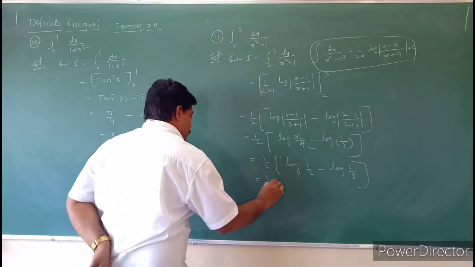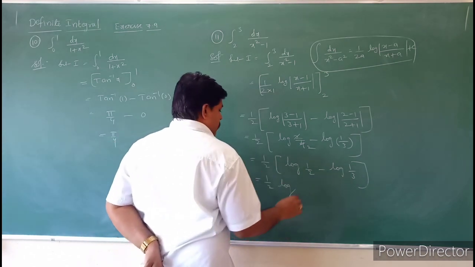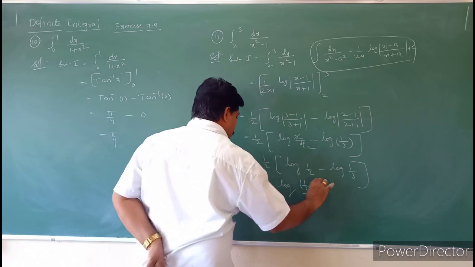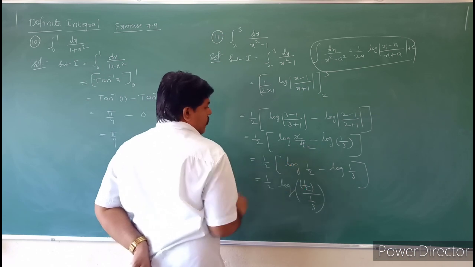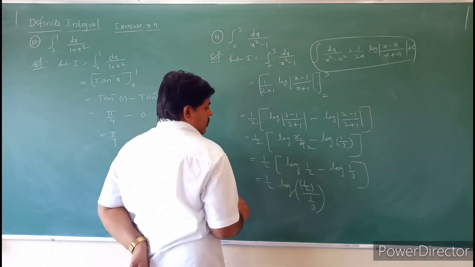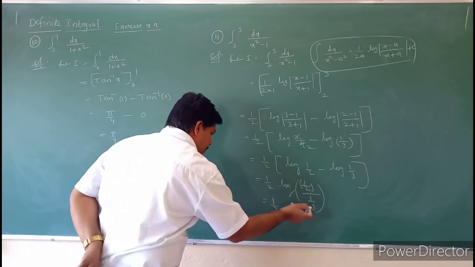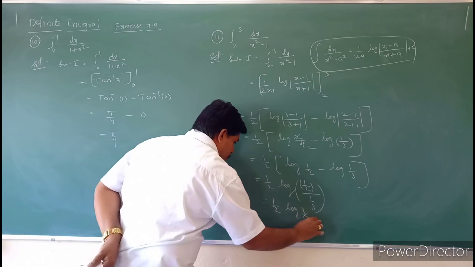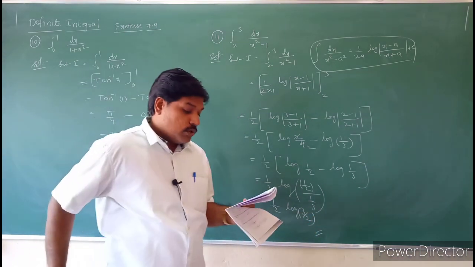Log a minus log b becomes log of a by b, so it is 1 by 2 into log of 1 by 2 by 1 by 3. Because these are positive values, there is no need of mod. So it will become log of 3 by 2.